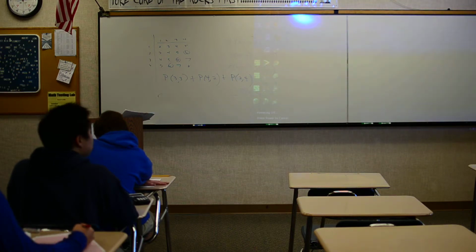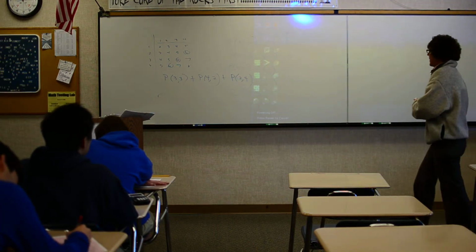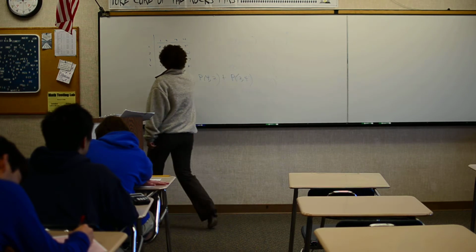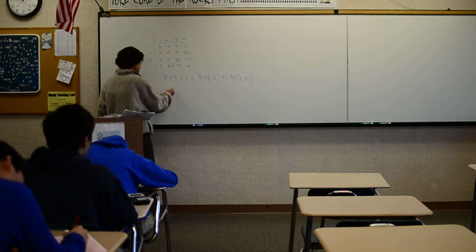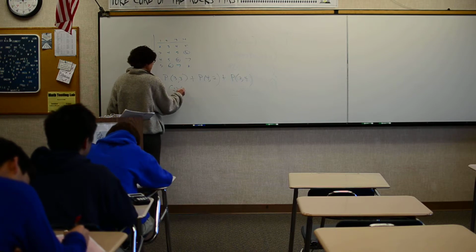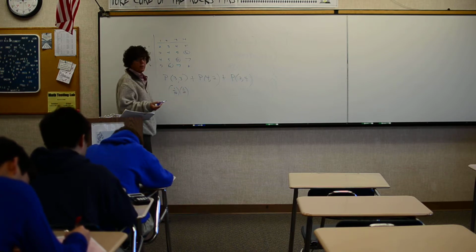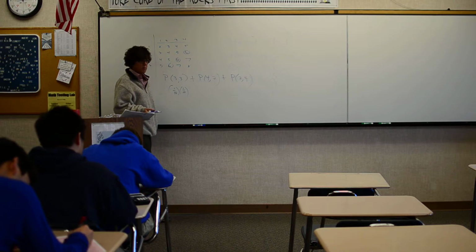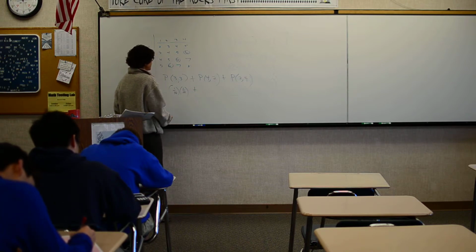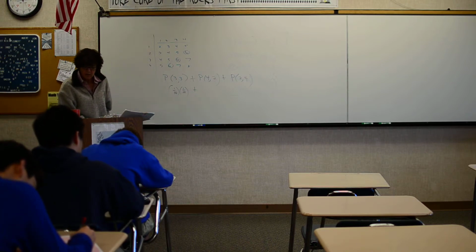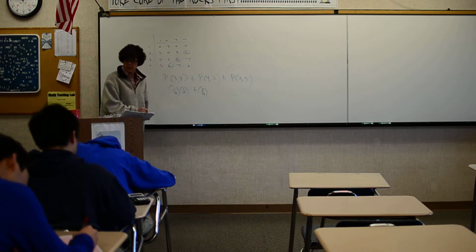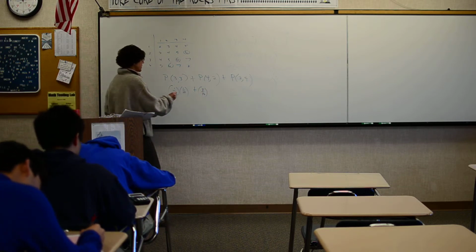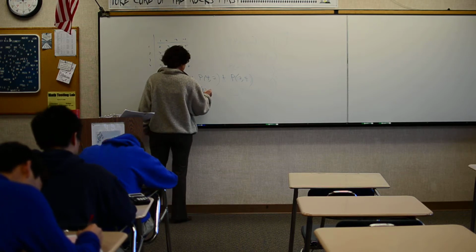Do you all agree? Yes. All right, so what's the probability of getting a 3? 1/10. So this is 1/10 times 1/10, because I have to get a 3 and a 3, and they're independent, so I can just multiply. Plus the probability of getting a 4 is 3/10, and the probability of getting a 2 is 2/5 or 4/10.